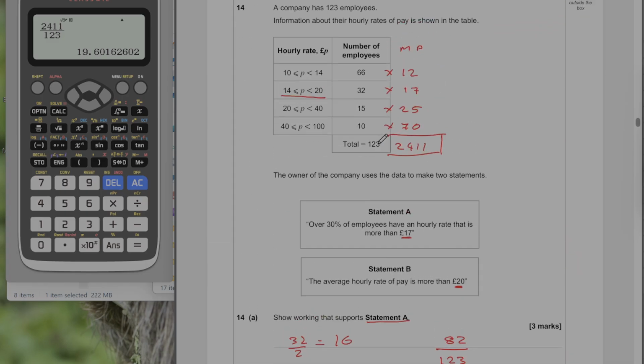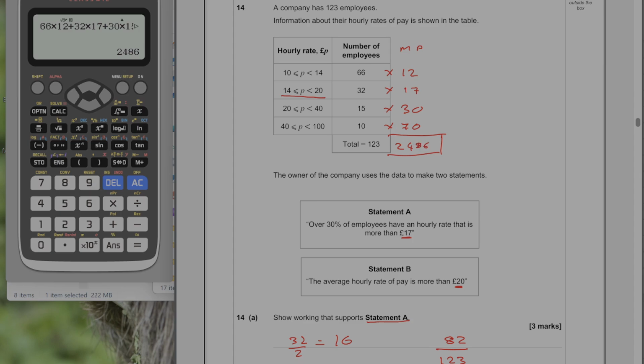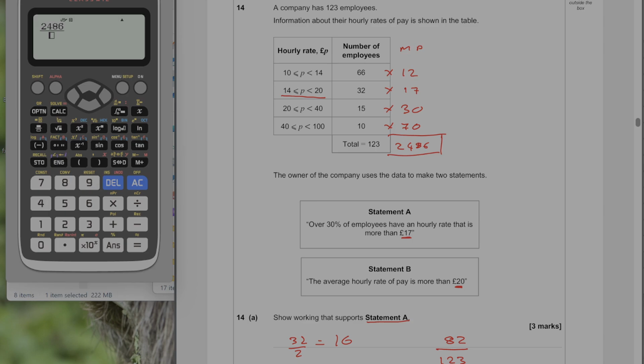Right, I've just spotted this group here is not right. My midpoint here should be 30, not 25. So I'll change my number here. Let's redo that calculation. So I'm changing that value there to 30. So 2486 over 123 should be my actual value.